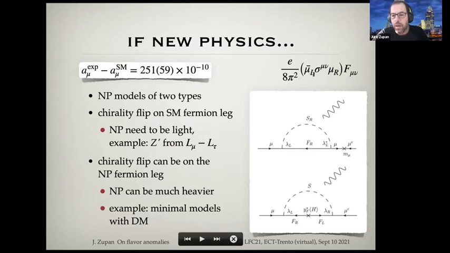If the chirality flipping comes from the external leg, so something like what's plotted here, some new particles, but the chirality flipping is on the external leg, it can come from just one new degree of freedom. So this could be a muon plus, instead of this generic S that is plotted here, let's say a light state, for instance, Z prime from L mu minus L tau.